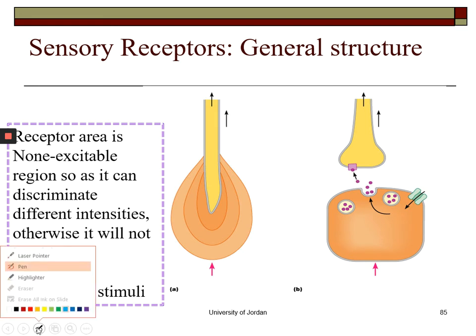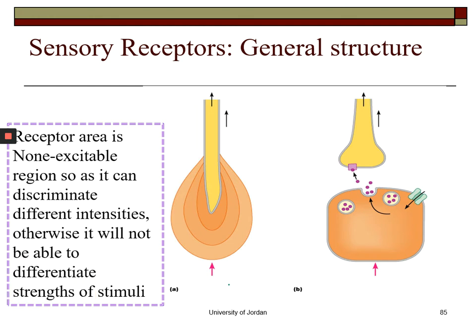So suppose this area is non-excitable. If you have a weak stimulus, this stimulus will cause a potential that is, say, just at the threshold for this neuron, and this neuron will transmit impulses.